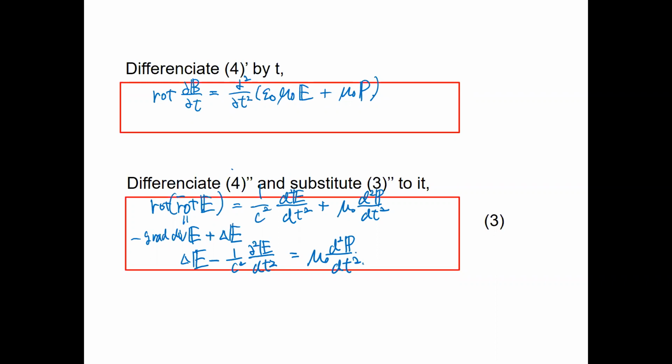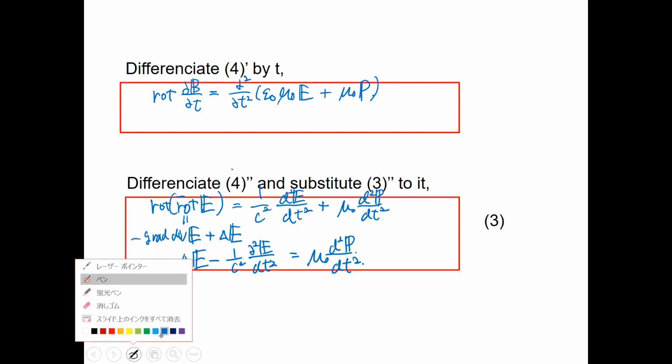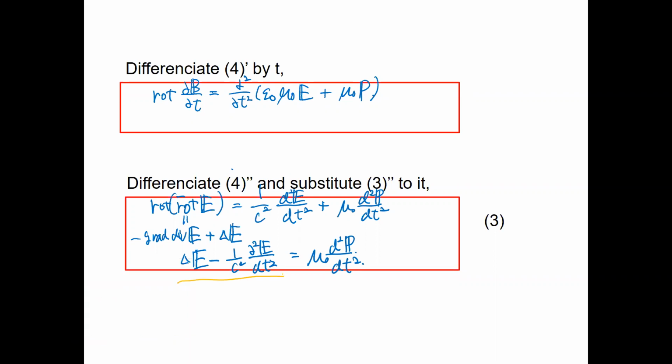So you can notice that as a final result, if the right term is 0, it's just a wave equation. This one is the second derivative of P with respect to time, meaning the polarization.